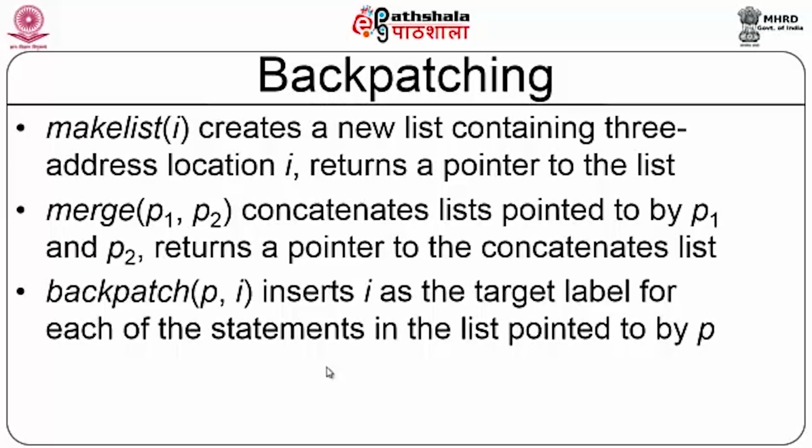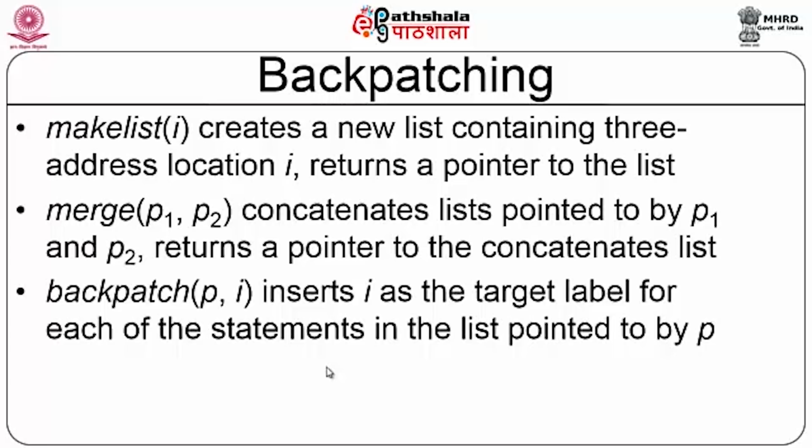So say 100 is the line number of a quadruple, 101 is the line number of a quadruple; makelist will create a linked list of such information. Then merge(p1, p2) is given 2 lists whose pointers are p1 and p2. It merges them and returns a pointer to the concatenated list. That is, it joins 2 lists together.